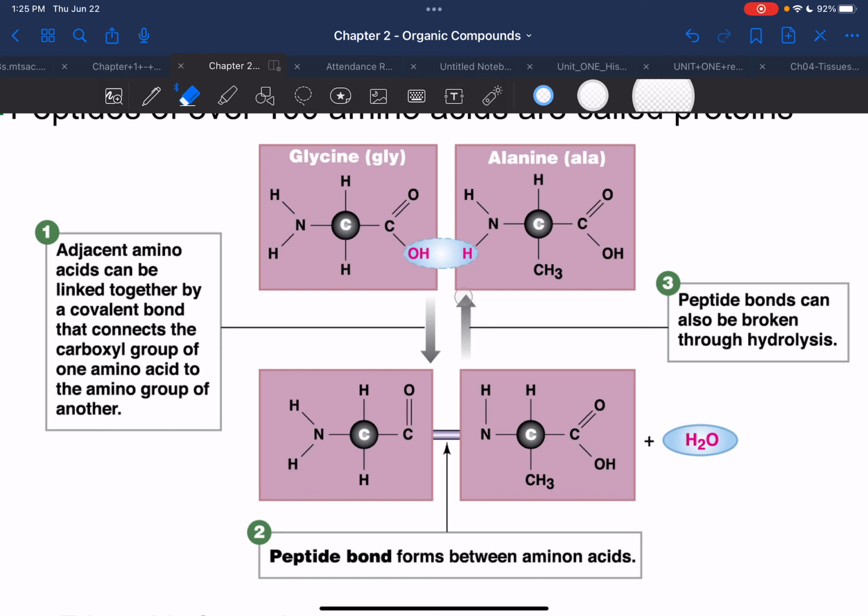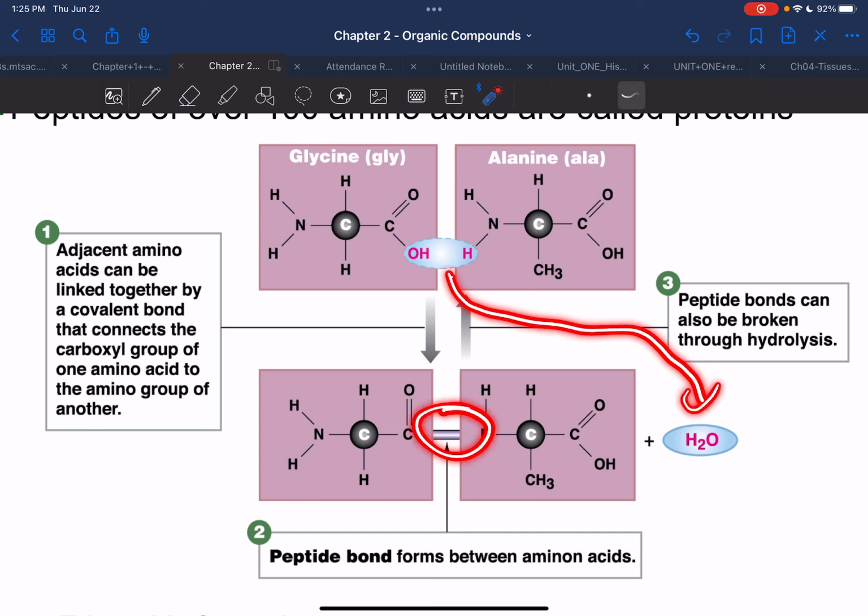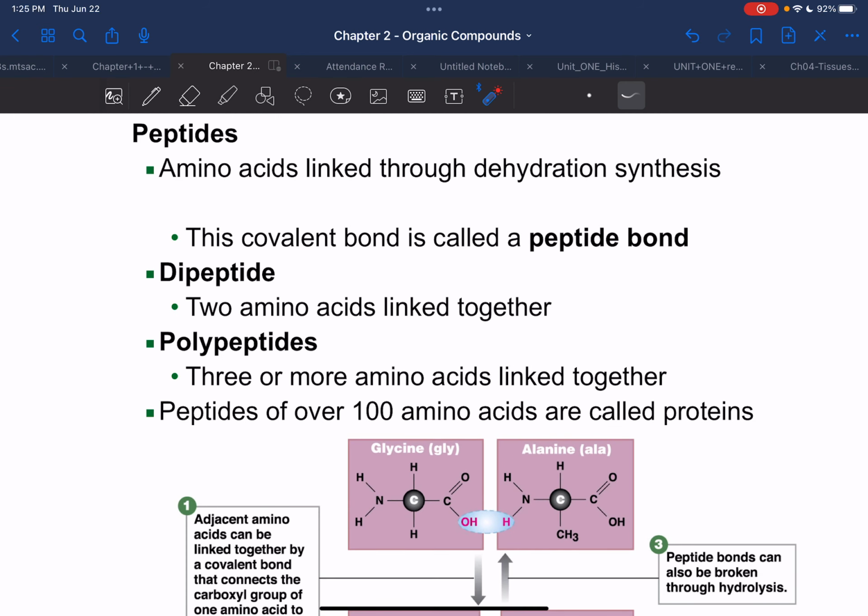Therefore, if we remove the water molecule and we synthesize, we build up, then it's a dehydration synthesis. You shouldn't learn the word dehydration by itself. You should learn the words dehydration synthesis together, DS, to always remind you which one forms, which one breaks. And the one that forms is the one that dehydrates.